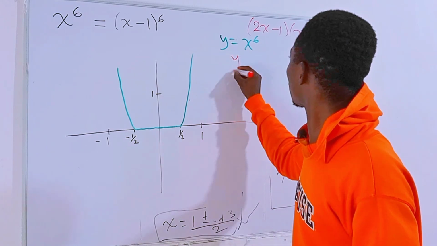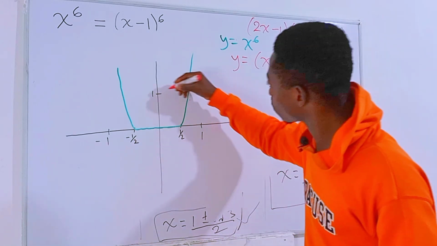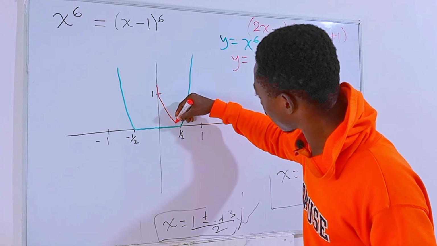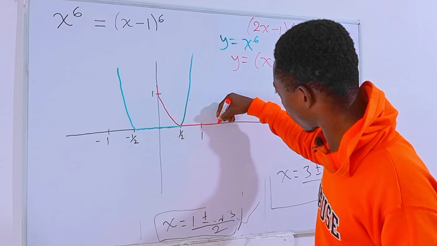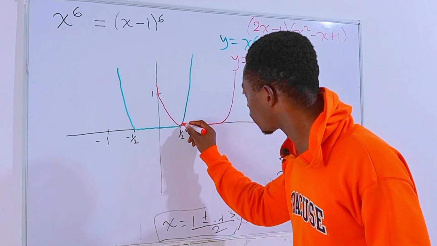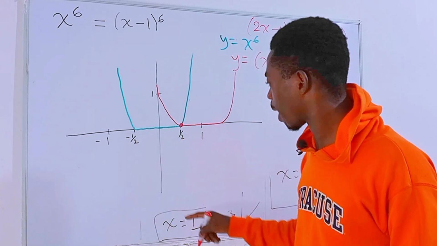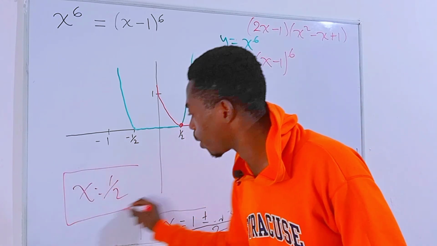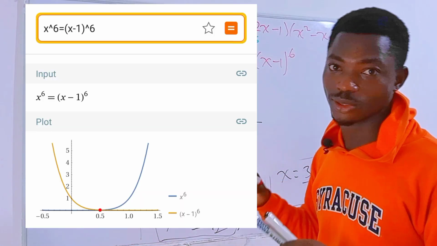Then for the graph of y is equal to x minus 1 to the 6th power, this is also going to be decreasing right from here, come down a little bit at 0.5, then pass on this line just like that, up to 1.5, and then also begin to go up just like that. So you can see that their point of intersection is right on 0.5. That is what we have earlier. That was x is equal to 1/2 as the real answer to the problem. And of course, this is how the graph is going to be, but it's not drawn to scale.